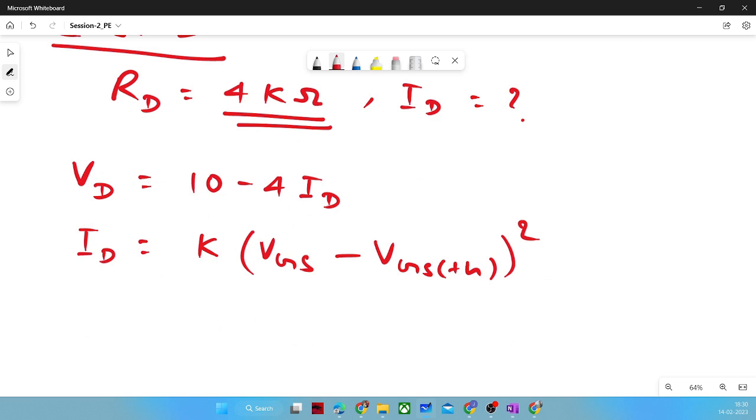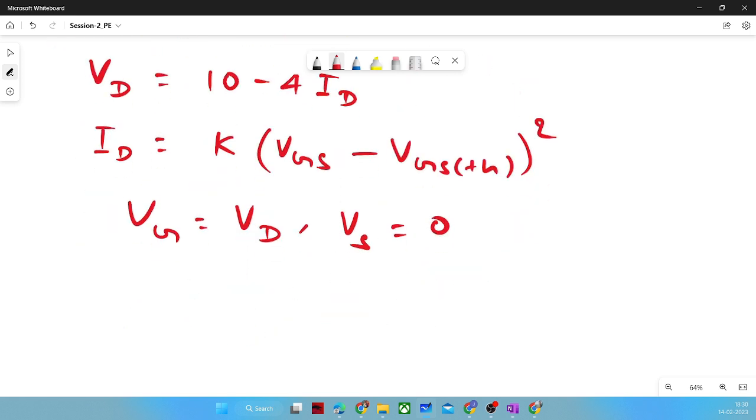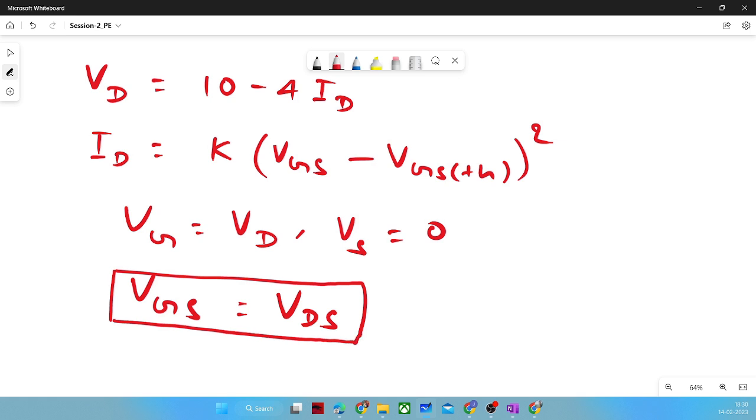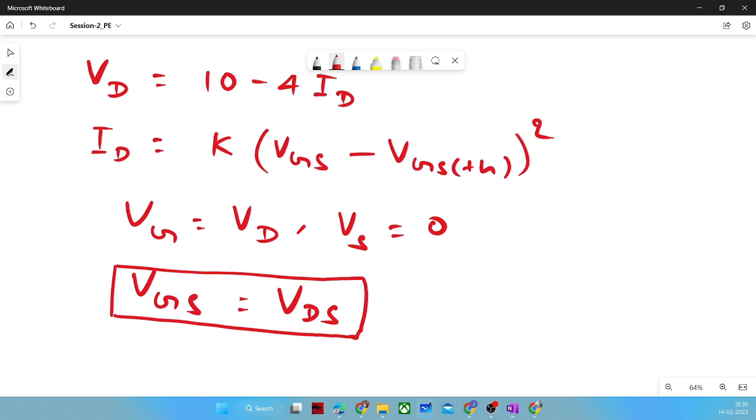Now VG, for the given circuit, is VD, and VS is grounded, so it will be 0. So now VGS, we can write as VDS. Okay, I hope there is no doubt on this point. That is true for this particular circuit. That is not true always.